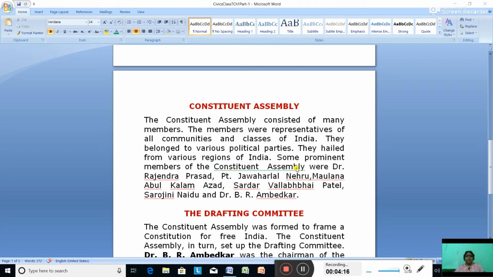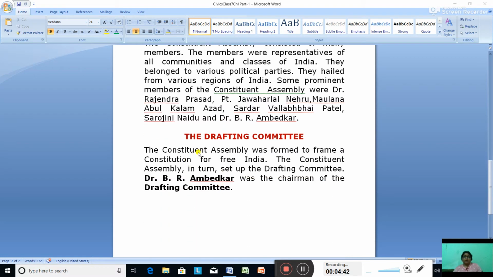Some prominent members of the Constituent Assembly were Dr. Rajendra Prasad, Pandit Jawaharlal Nehru, Maulana Abdul Kalam Azad, Sardar Vallabhbhai Patel, Sarojini Naidu, Dr. B.R. Ambedkar. We had so many members, but they were the important members of the Constituent Assembly.